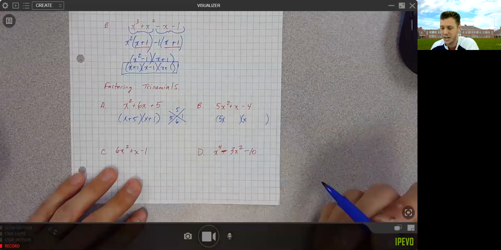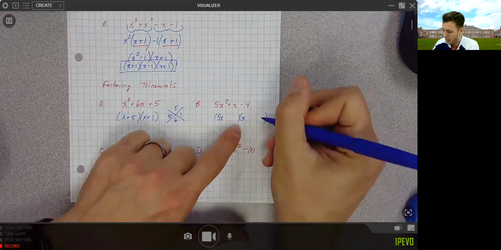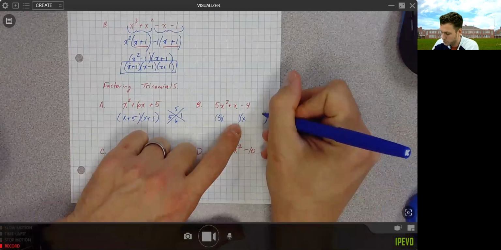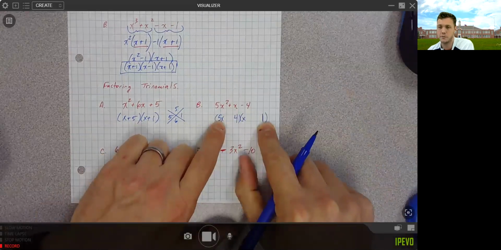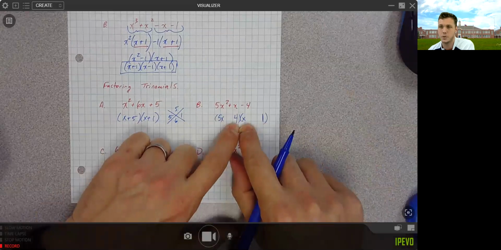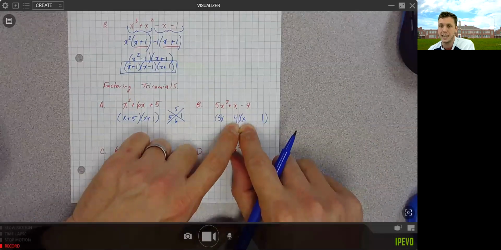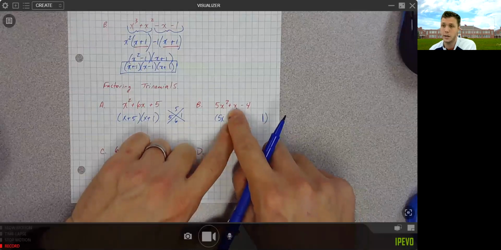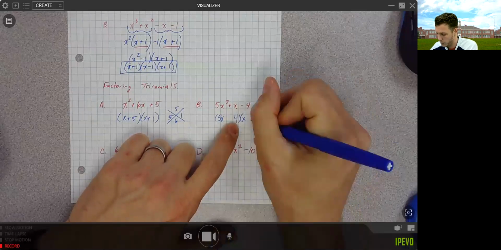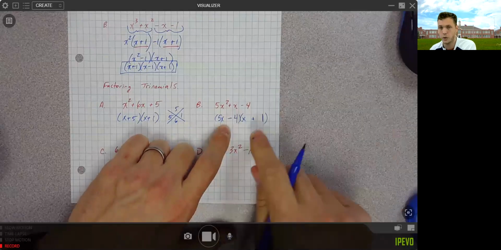That's what we're checking. If I put 1 here and 4 here, my outer terms give 5x and my inner terms give 4x. If I add those together, I get 9, or if I subtract them, I get 1. I'm looking for 1, so I'm going to make this a positive 1 and a negative 4.